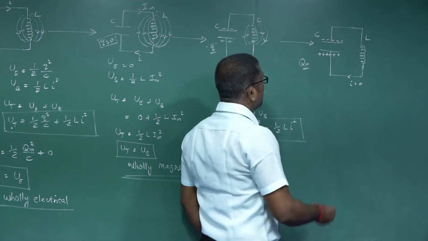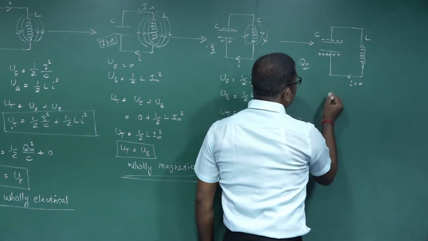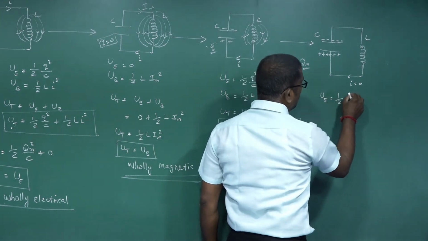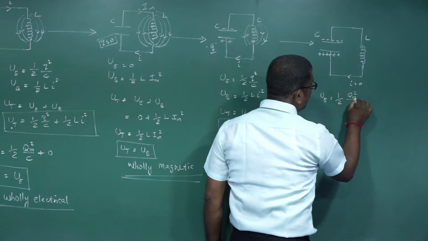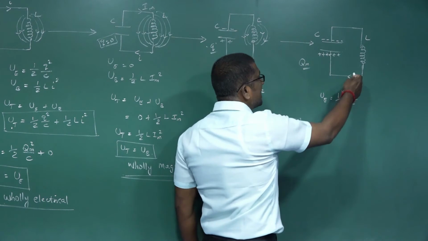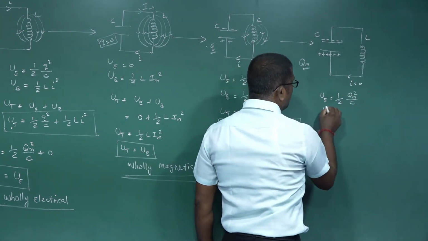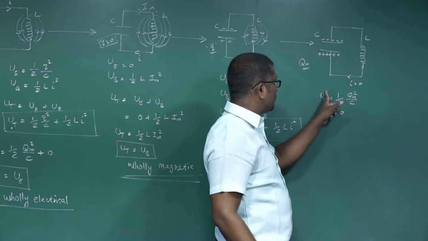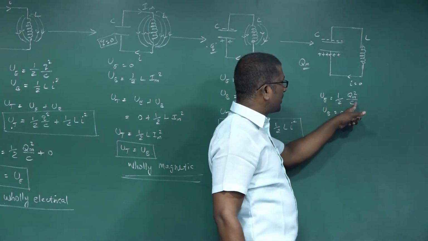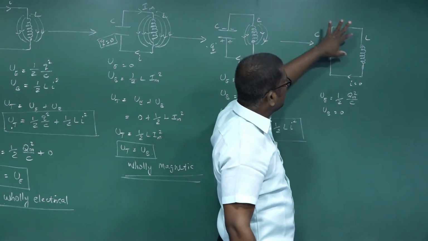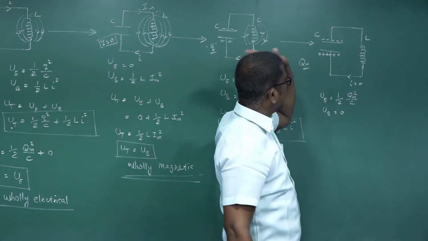Therefore, the electrical energy in the capacitor is UE = (1/2) Qm squared divided by C. There is no current in the inductor, so the magnetic energy UB is zero. That is the maximum electrical energy in the capacitor in the fifth state.